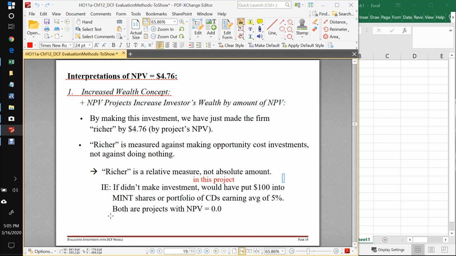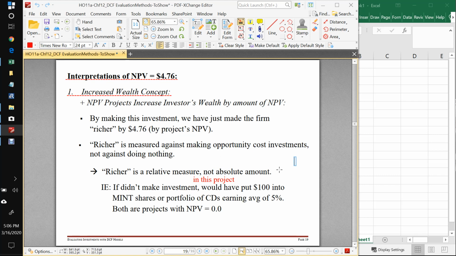And both of these are projects with zero NPVs. Okay, so the logic of this is kind of important. We're assuming here, once we have an investment mission, whenever we get money to put into that mission, we're going to invest it. So we're going to look around for a positive NPV project, and if we find one, we'll invest the money in that.